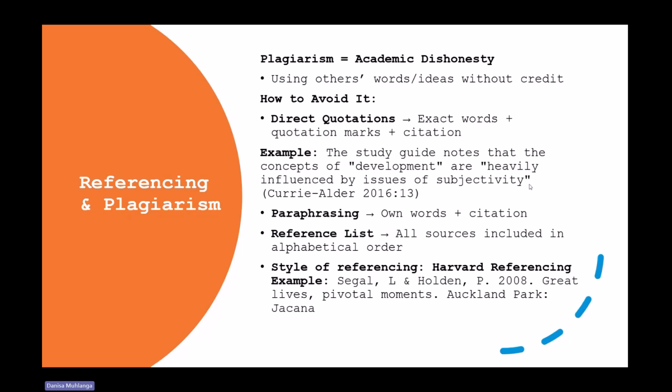I need to acknowledge who that person is. What do I use? In-text citation, right? In brackets, the person who said these exact words is Carrie Alder, 2016, page 13, just like that. You understand? That's how you use in-text citation.